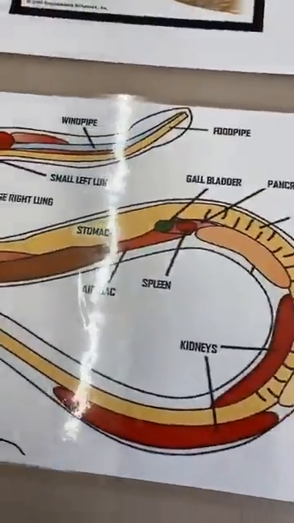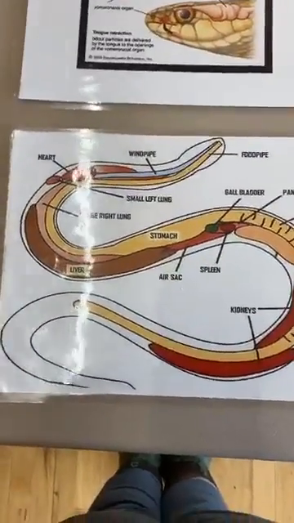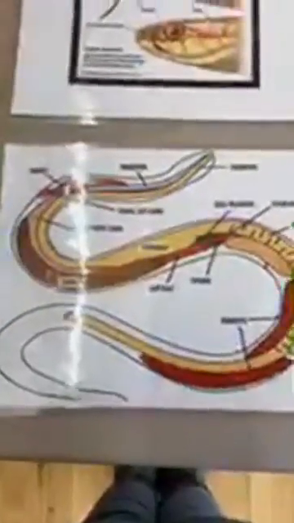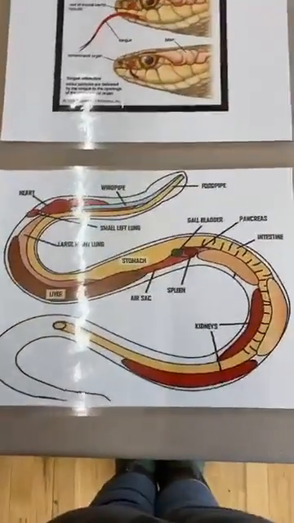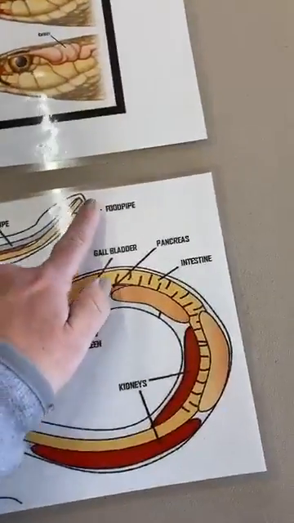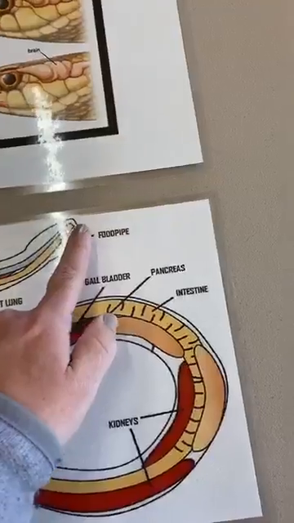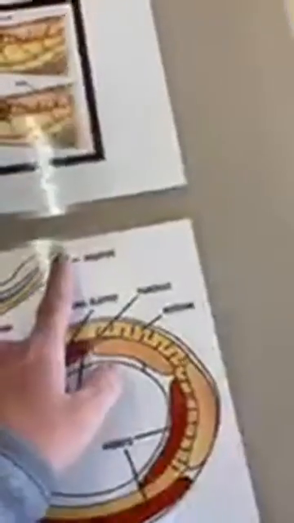Looking at another picture here of the inside of a snake, because they're long and skinny, we know that all of their insides have to be long and skinny. Taking a look at this drawing of a typical snake, this is its head right here, and its mouth would be right here, and they have an incredibly long windpipe.